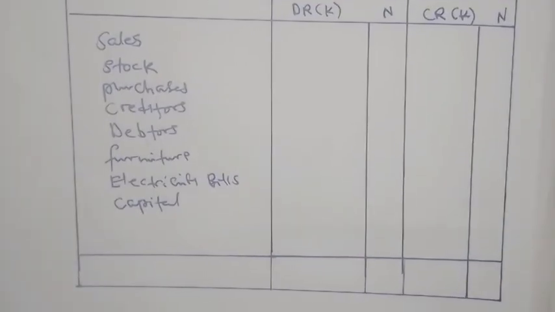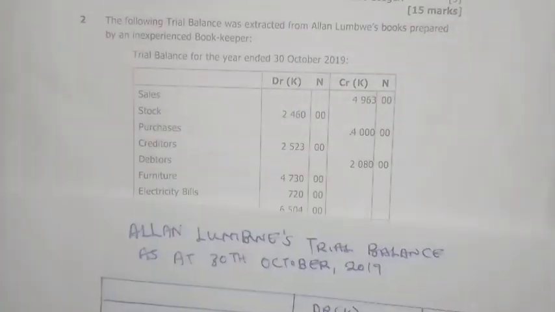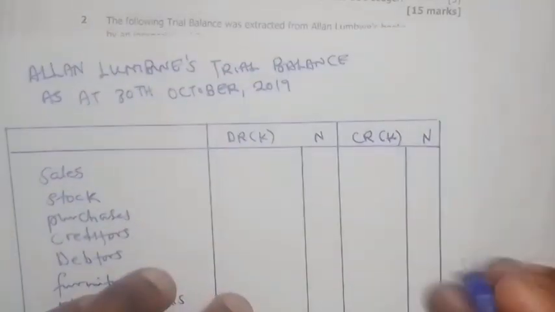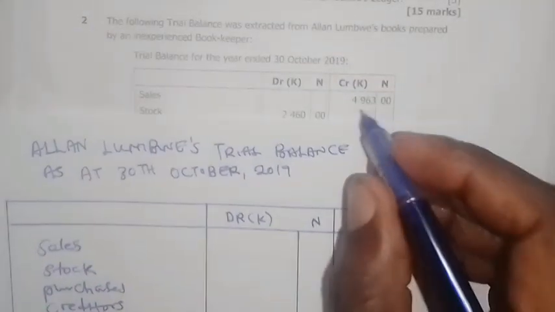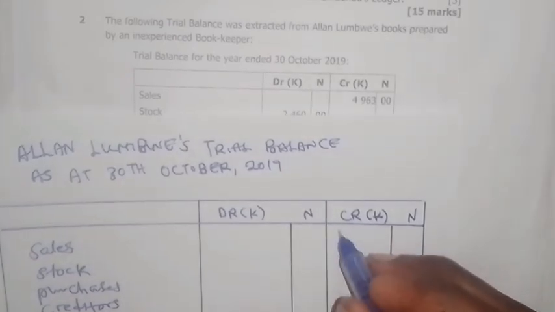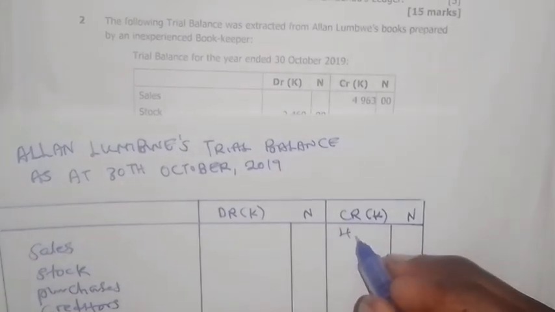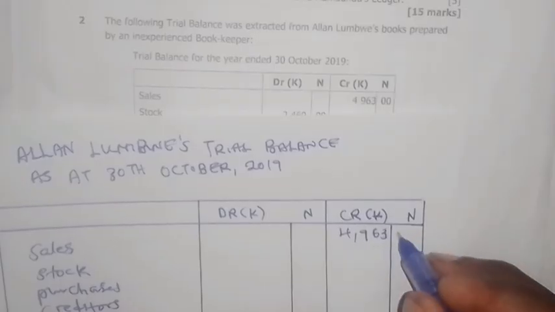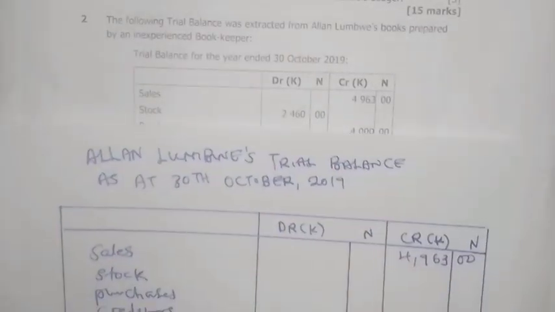Now what you have, sales is on the credit side, so that is the normal way of entering sales. So I'm just going to maintain it. Okay, so this is going to be 4,963. Then we have the Ngwe there, and then the stock.